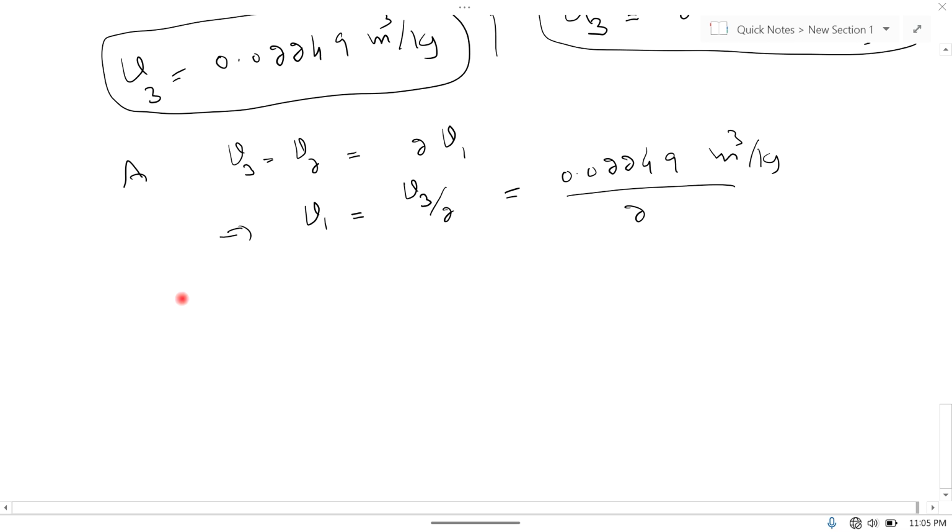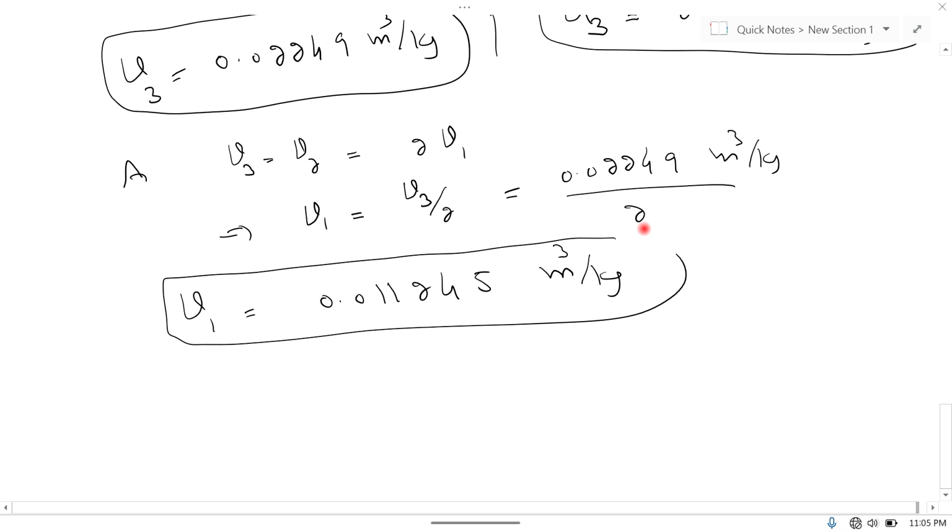So V1 is equal to 0.011245 cubic meter per kg. This is V1.